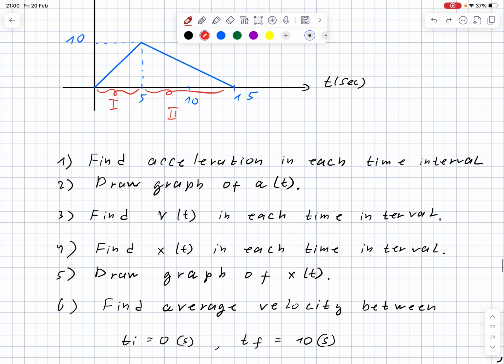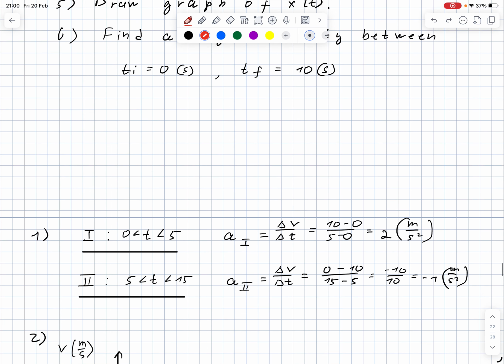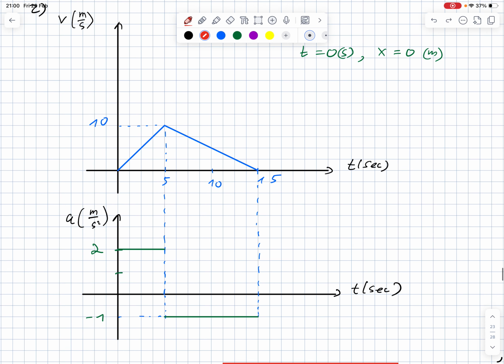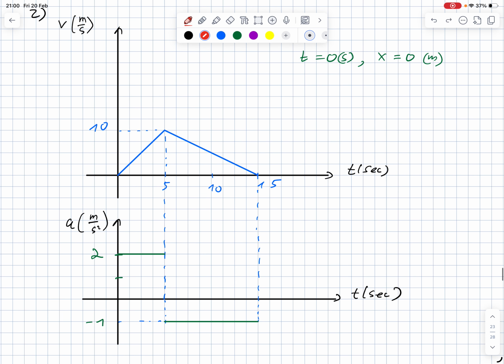Second part, we need to draw the graph of a of t. It will look like steps. This is the first segment or time interval, and this is the second time interval. When we looked at the first time interval between 0 and 5, the acceleration was constant, and the value is 2 meters per second squared.